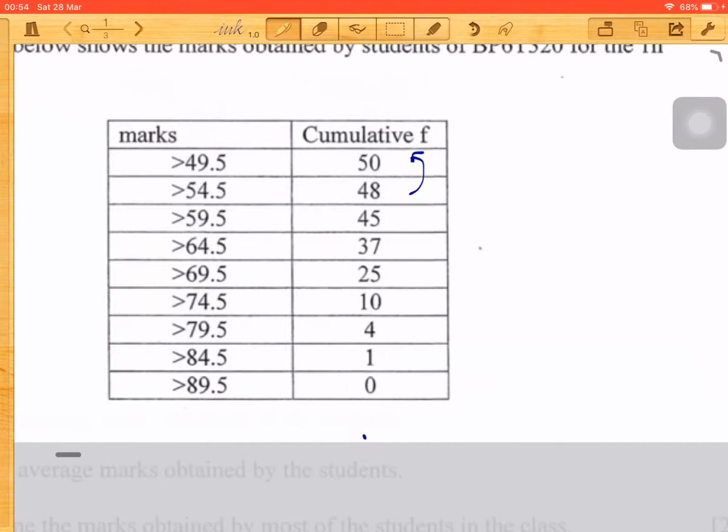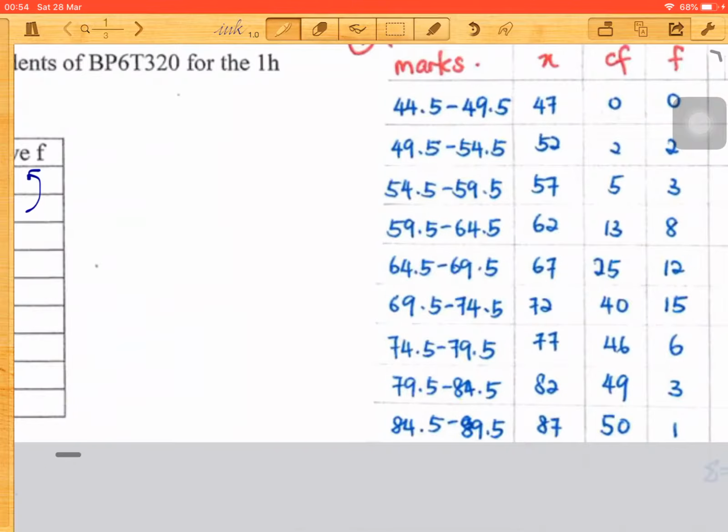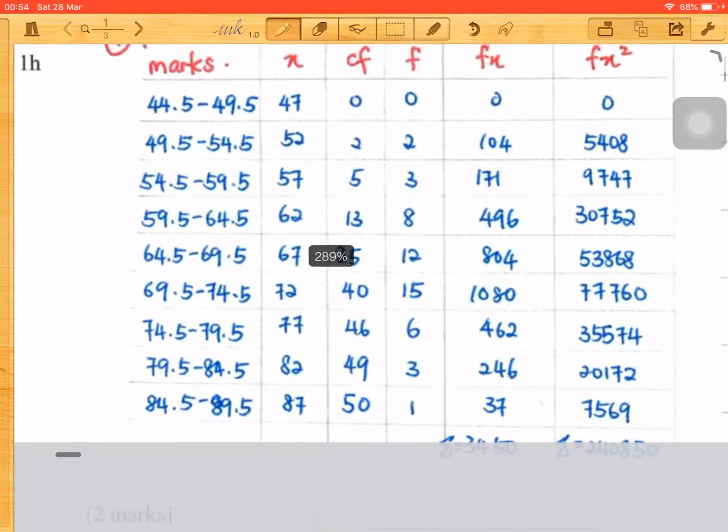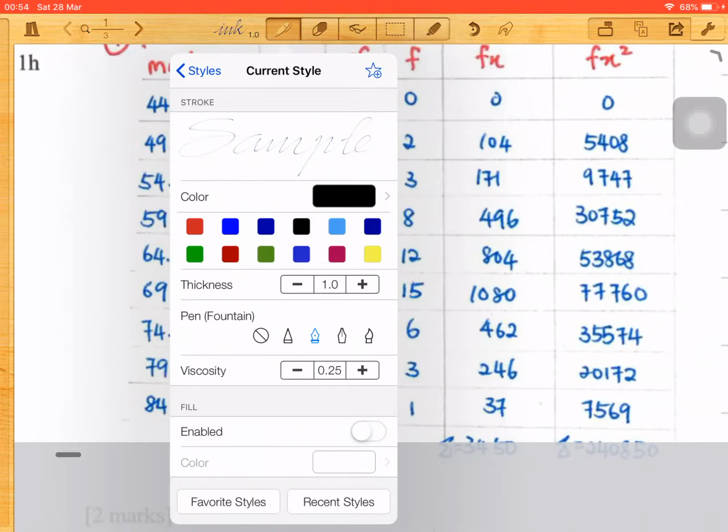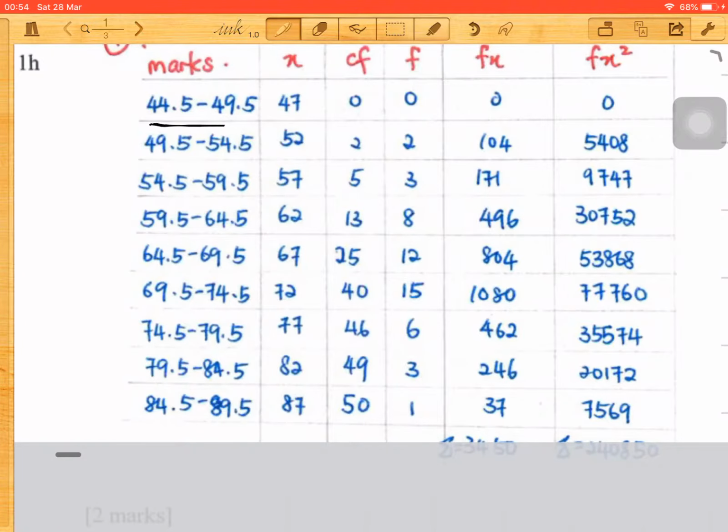So for those who get between 49.5 to 54.5, actually there are 2 people. If you understand what I'm talking about, you can refer to this. For those who are getting 44.5 to 49.5, actually there are 0 people.